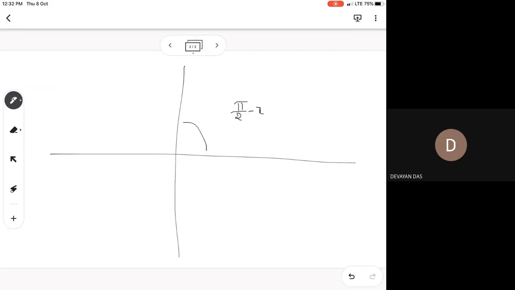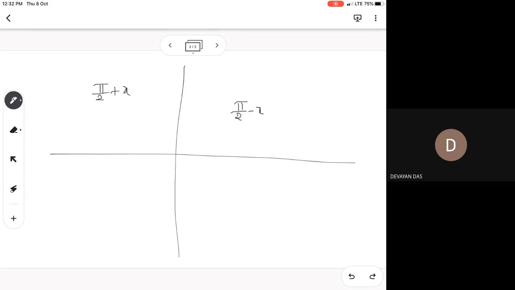So this is pi by 2 minus x, and here you are going to have pi by 2 plus x, and here to here the angle measure is how much? Sir, pi. That is pi.